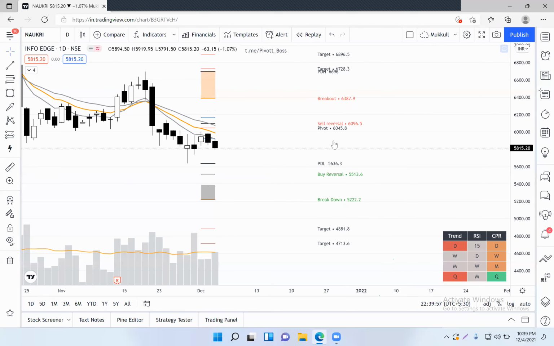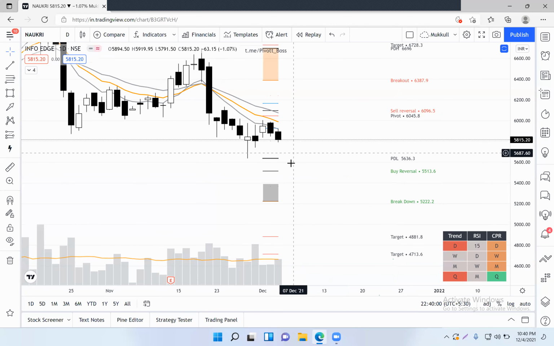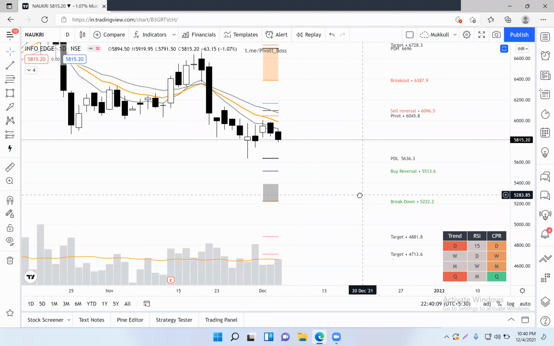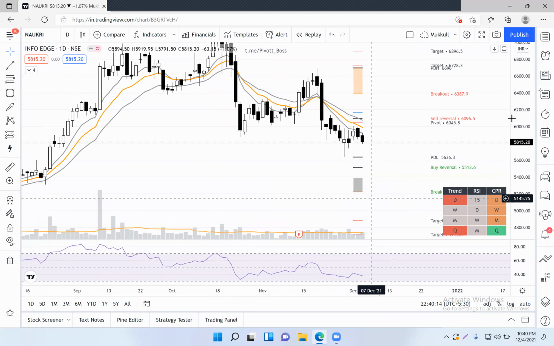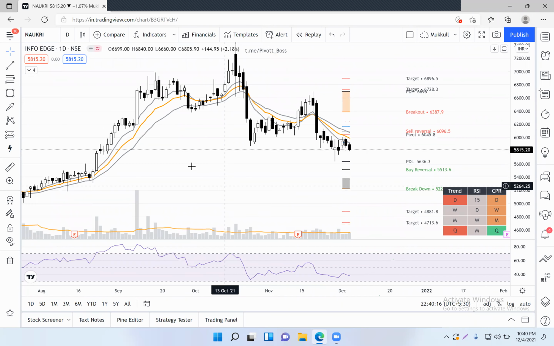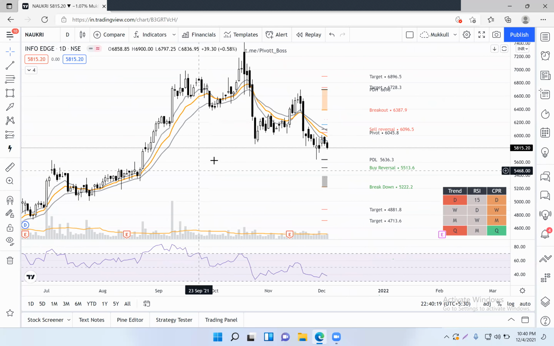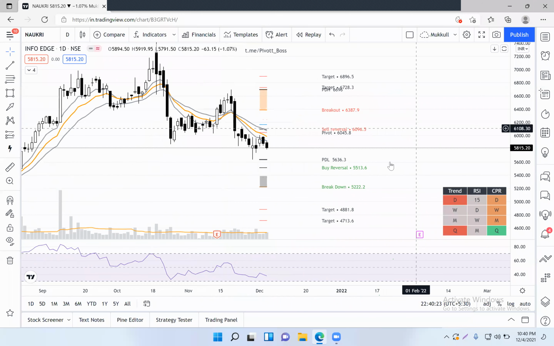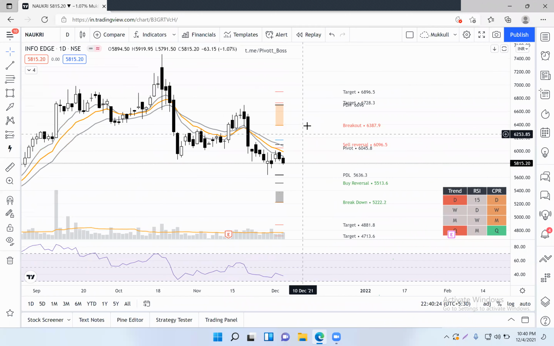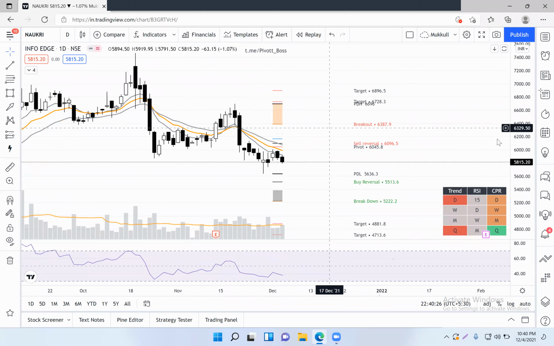A good buying point according to pivot would be this particular thing. This might reverse from either previous month low or from this particular thing. 5513. Keep a watch here. Okay, keep a watch here. Or on the stop end, whichever setup is showing you a first signal of buy, right? If stop end is showing you buy on Monday or Tuesday with a proper confirmation, then you can even go for a buy.